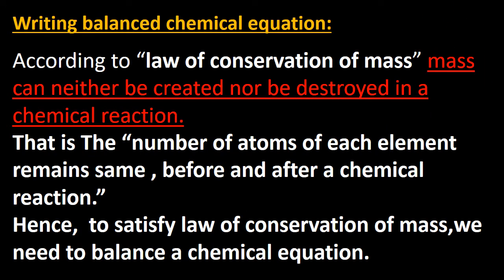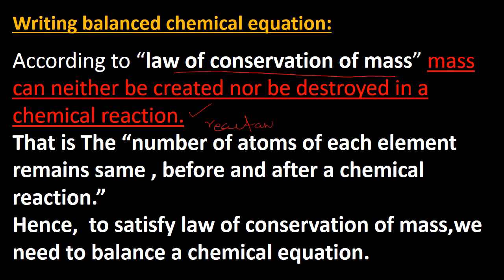Let us see why we have to balance a chemical equation. I already told you, after writing the skeletal equation you need to balance it. Why do we have to balance it? To satisfy the law of conservation of mass. Last year you learnt about it. It says that mass can neither be created nor destroyed in a chemical reaction. If so, then the mass of the reactants should be equal to the mass of the products.